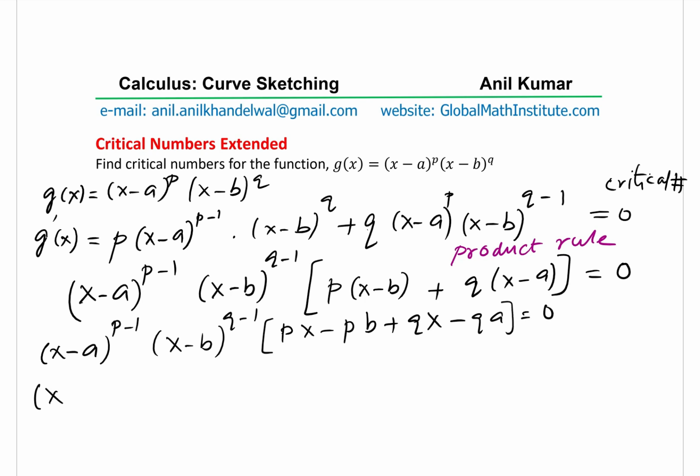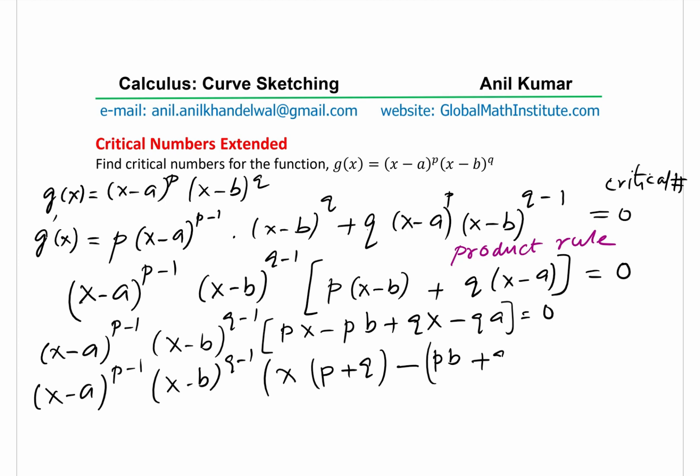So we have x minus a to the power of p minus 1, x minus b to the power of q minus 1. And here we could actually factor out x and write this as p plus q, and we are left with minus pb plus qa. Perfect. So that is what we get.